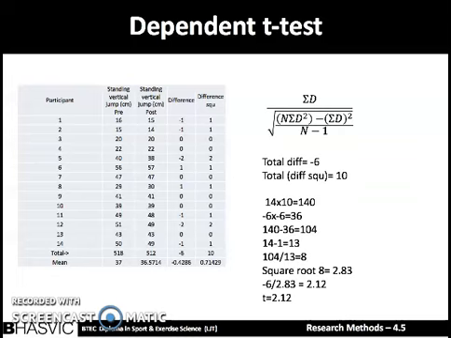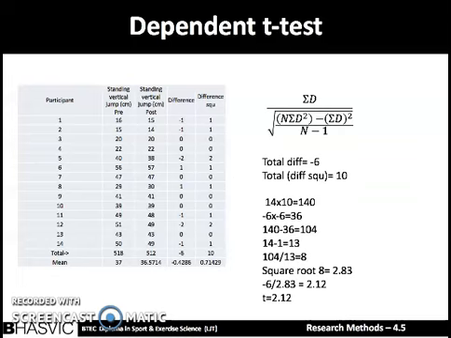So the reason you need the total difference squared is for the lower half of the equation. So you've got n is the sum of d squared in the first bracket. N is 14 in this case because we have 14 participants. So you do 14 times 10 because 10 is the difference squared, which we just looked at, and that results in 140.